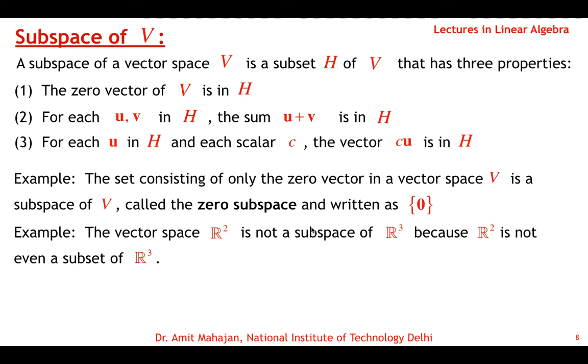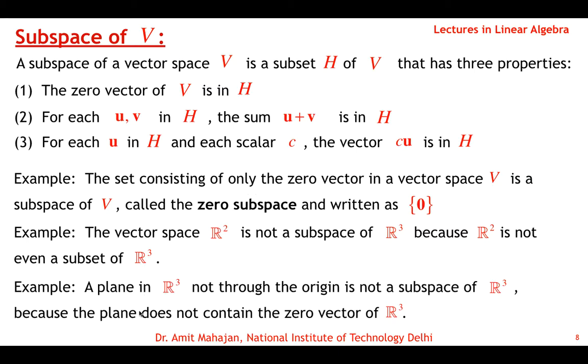In R2 the elements are of the form (a, b), only two elements in the vector, but in R3 there are three elements (a, b, c). So the vectors in R2 do not belong to R3, and R2 is not a subset of R3, so even this property is not satisfied. We will not talk about the rest of the properties then.